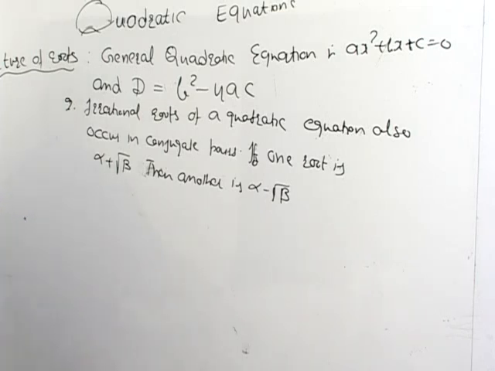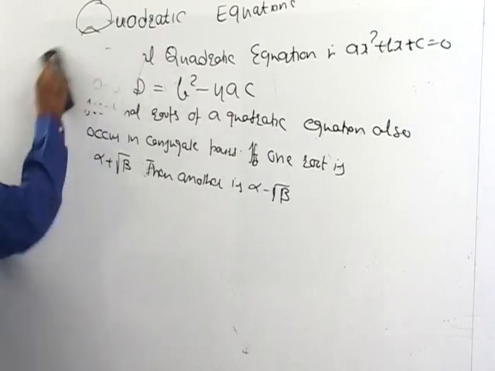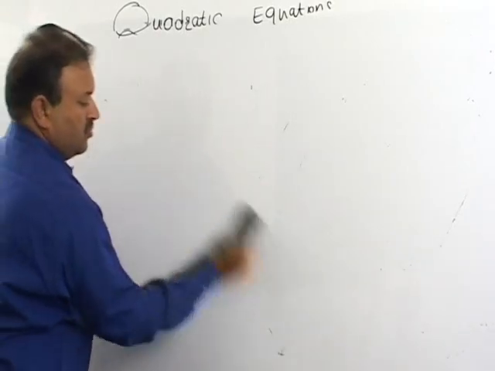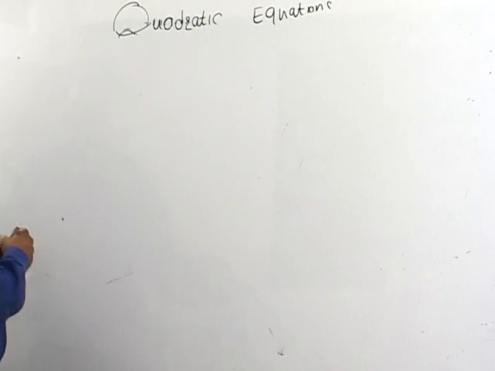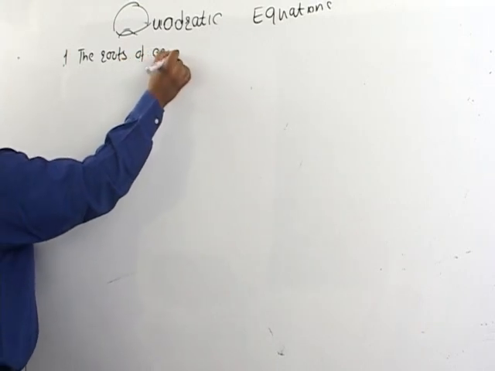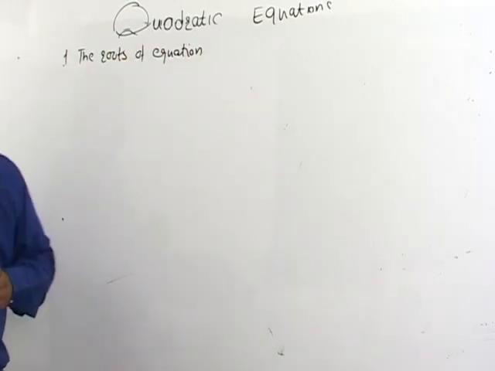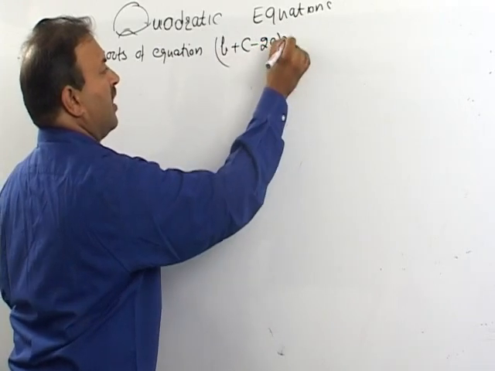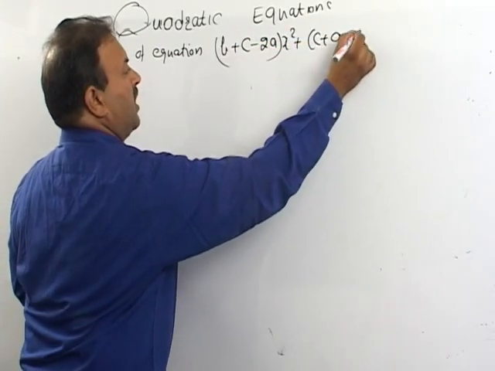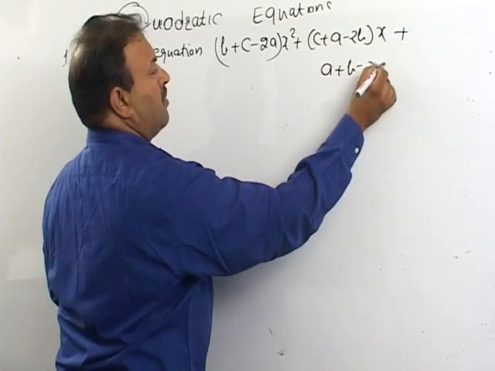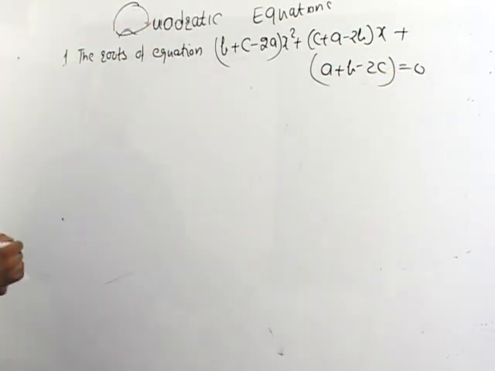So first question is: the roots of equation (b plus c minus 2a)x square plus (c plus a minus 2b)x plus (a plus b minus 2c) is equal to 0 are.